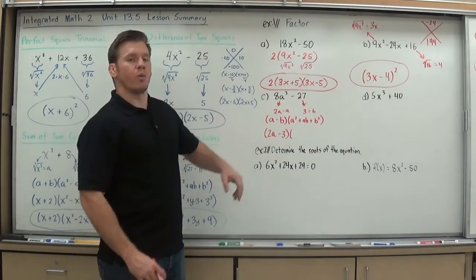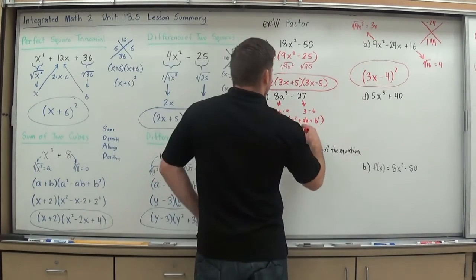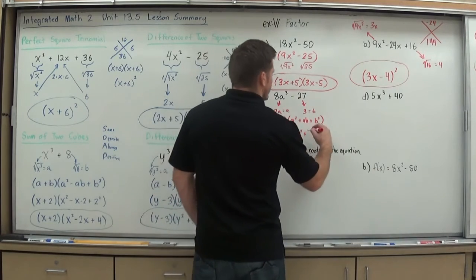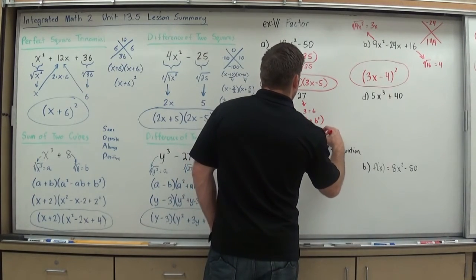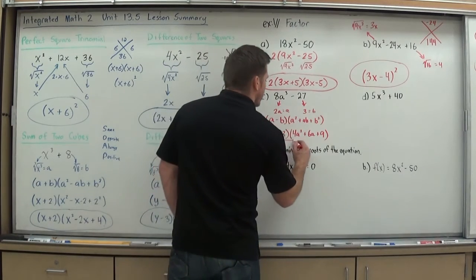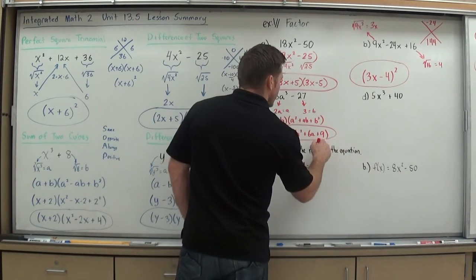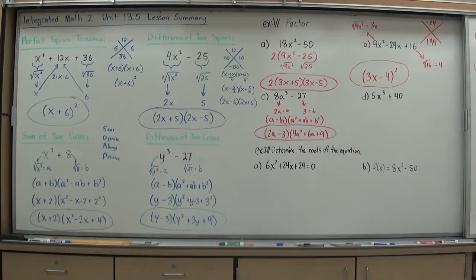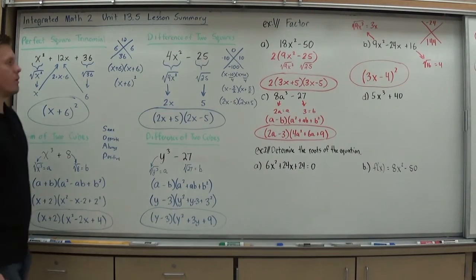It's 2a squared, which means 2a times 2a. That actually changes to a 4a squared. 2a times 3 is 6a, and 3 squared is 9. Just a matter of plugging those in and working it out. And I now have it factored, and remember that second part, that quadratic part, is never factorable when doing this pattern.